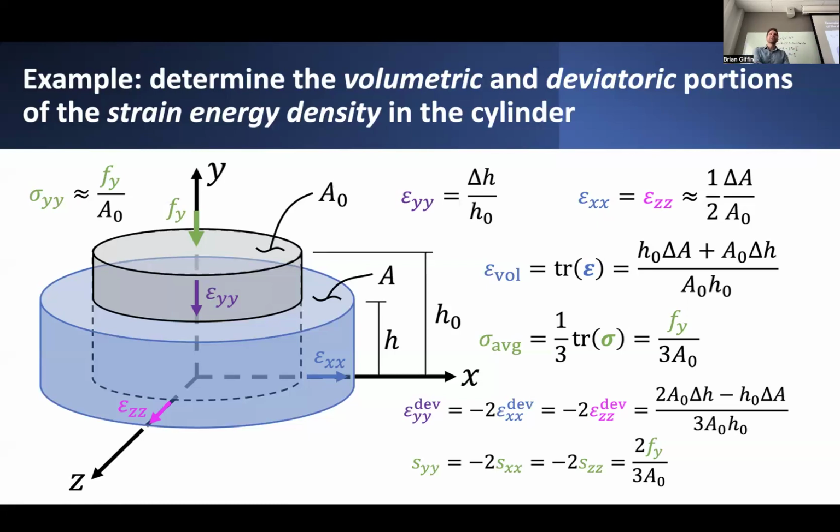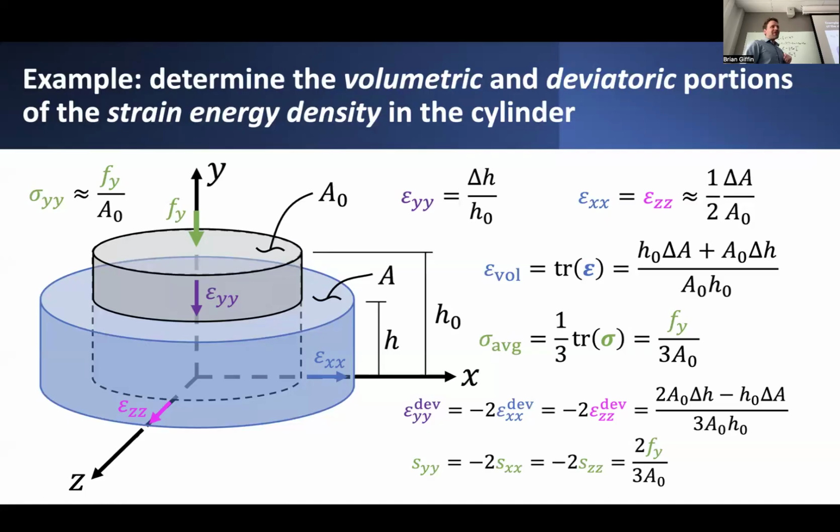And it turns out for this particular special type of loading, the deviatoric strain components will all have more or less the same value. They'll just have slightly different scalings. So the deviatoric strain in the y direction is really equal to -2 times the deviatoric strain in the x and z directions. And there's a similar relationship for deviatoric stress in this particular case of uniaxial stress. And this is kind of a specialized case.